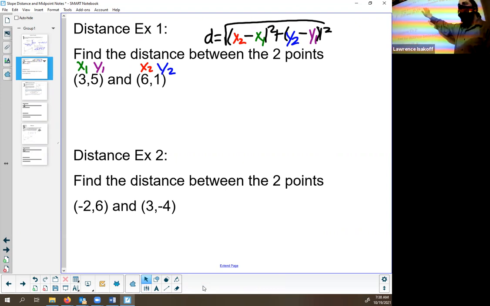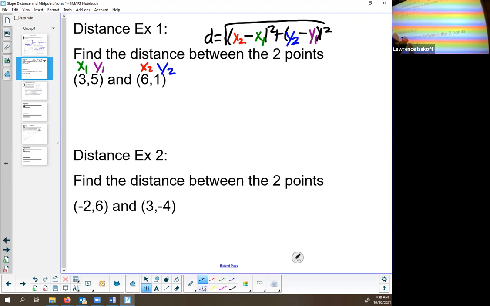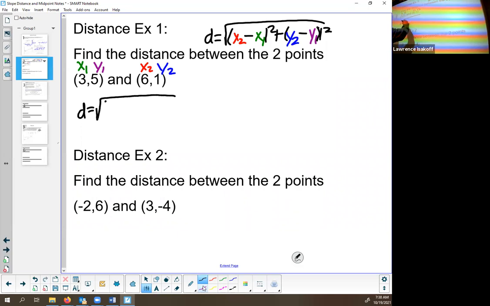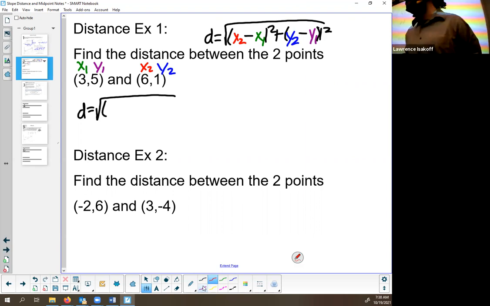Now, what I'm going to do is plug them into their appropriate spots. Anything I wrote in black in the formula has to be there each time. So distance equals the square root and then parentheses. What's my X2 value here? 6, so just plug it in.